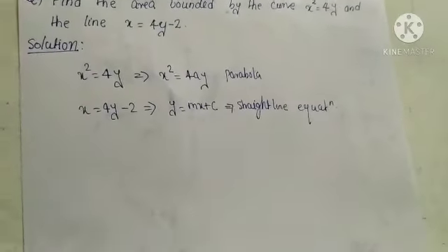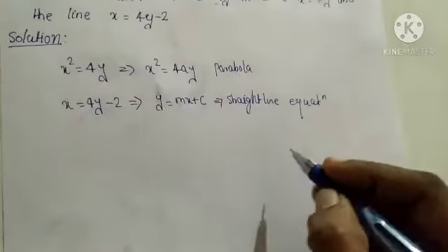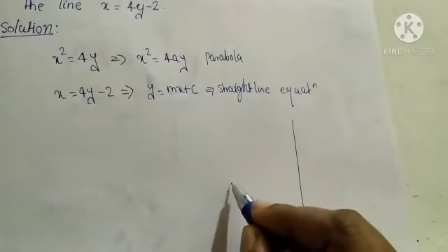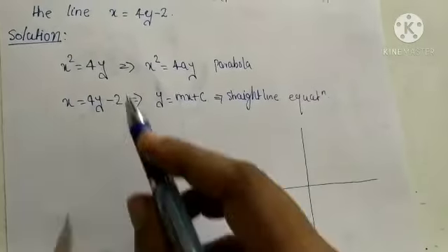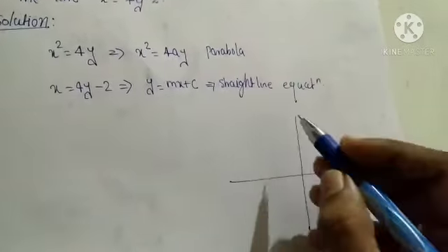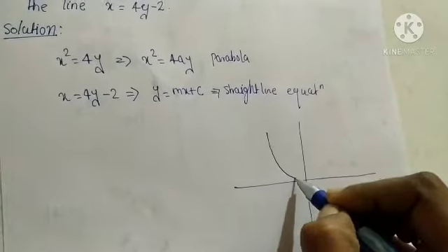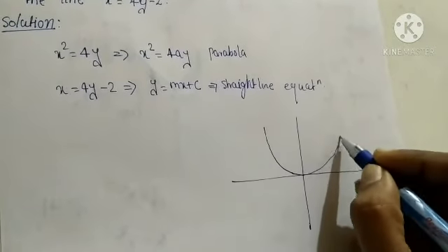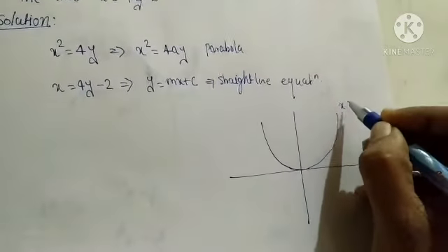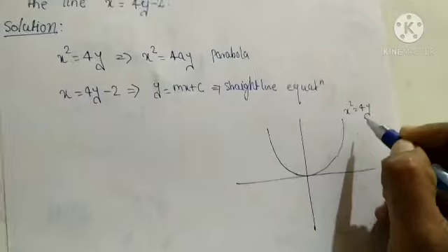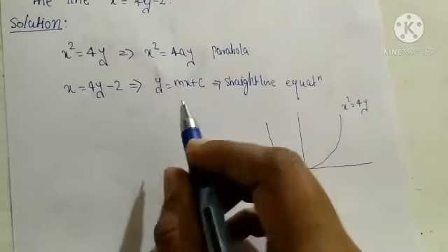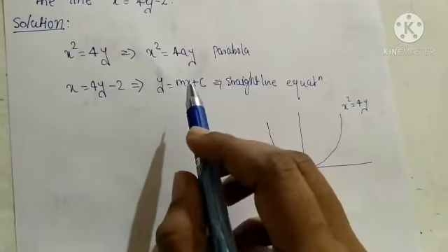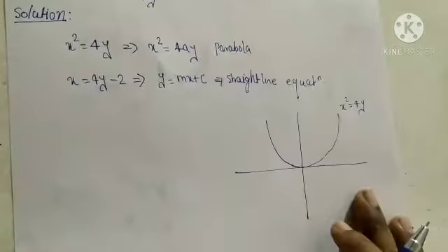So next I am going to draw the two curves. The first curve is the parabola x squared equal to 4y, which is like this. The next one is the straight line equation x equal to 4y minus 2.